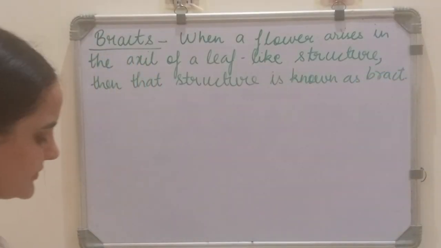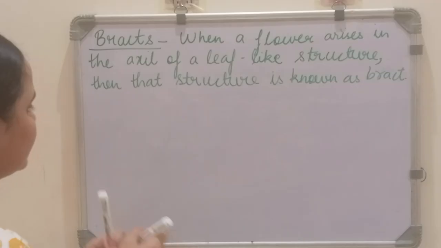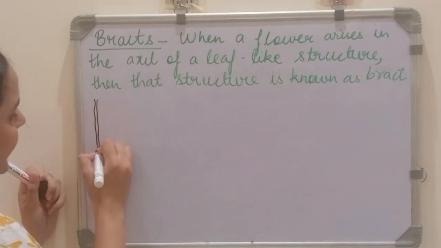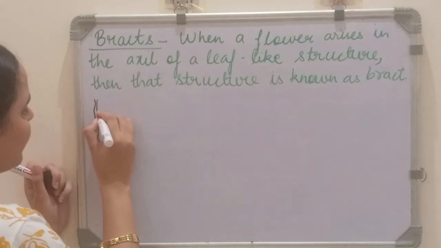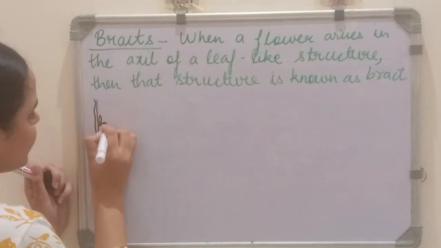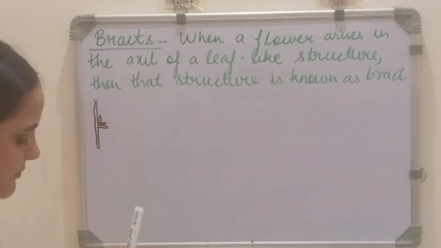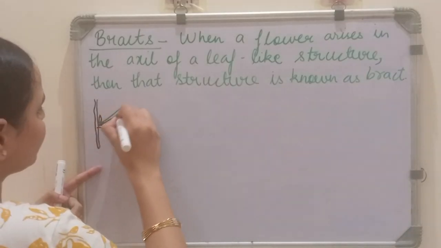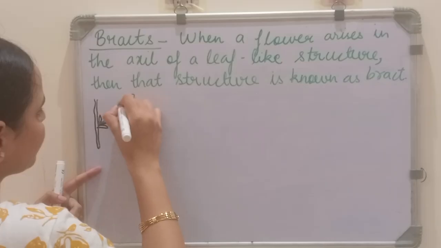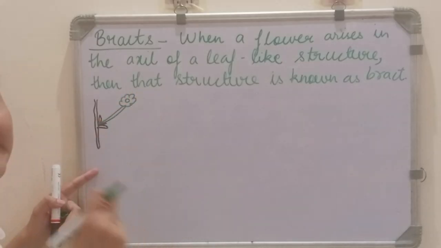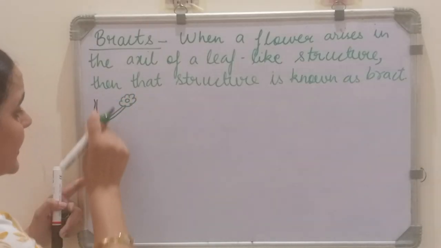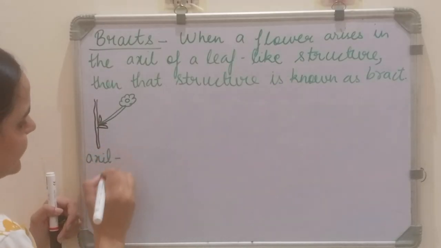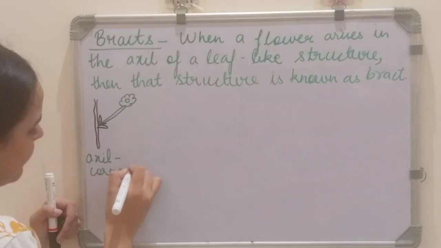Okay, let's understand this. Suppose this is a stem. Here you will see small tiny leaf-like structures, and from this tiny leaf-like structure you will see a flower originating. So this tiny leaf-like structure is arising in the axil. The word axil means corner or angle.